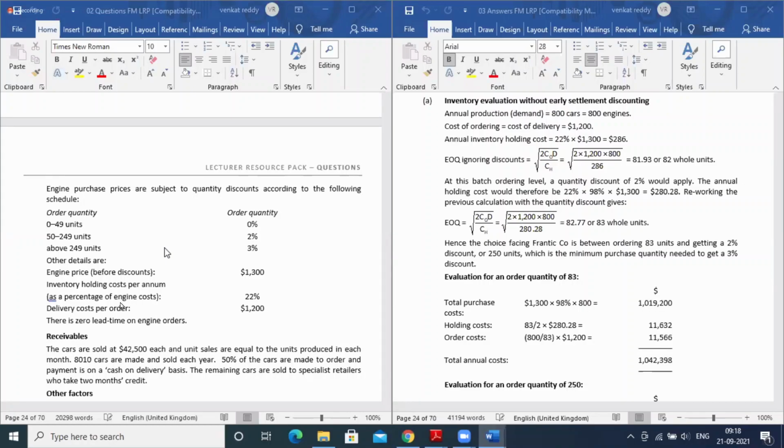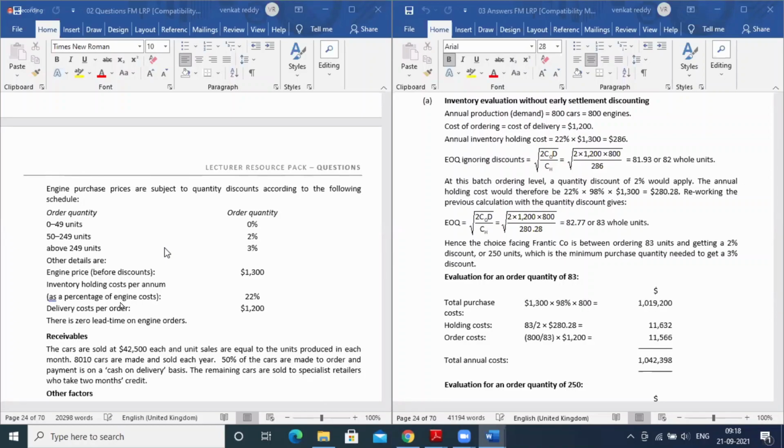If you order up to 49 units, the supplier won't give any discount. If your order is between 50 to 249 units, we can expect 2% discount. And if you make an order of more than 249 units, we'll be getting a discount of 3%. And they gave the holding cost and the delivery cost.